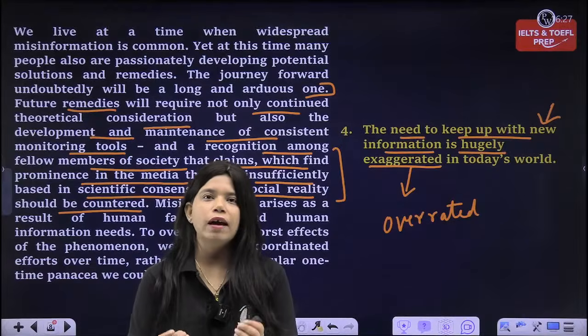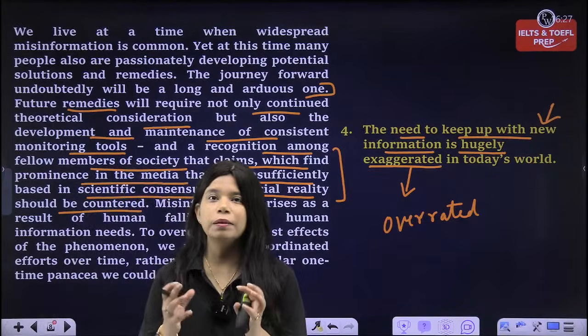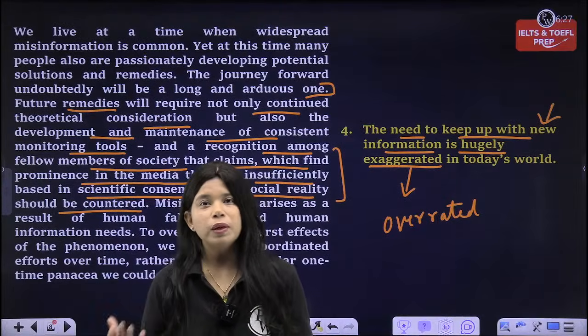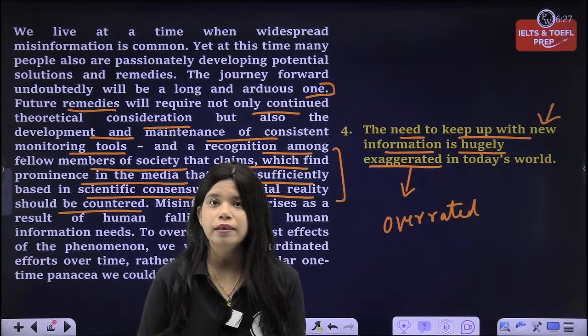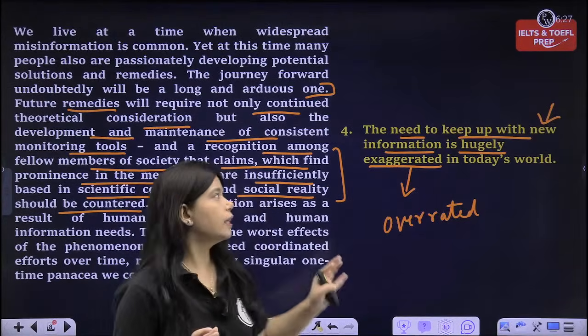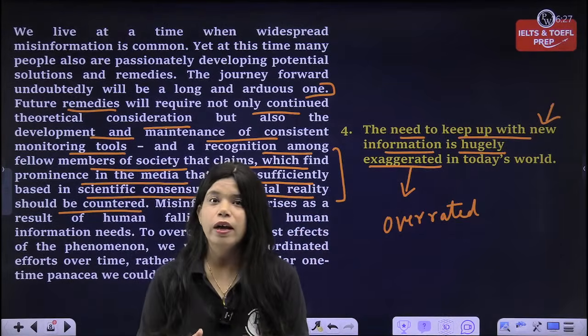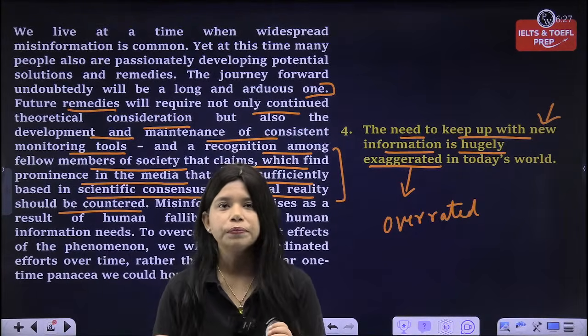But in simple language, they are saying that in media sometimes we get misinformation, we get incorrect information, which they claim that it is true. So such claims need to be countered. Such claims in media about misinformation should be opposed.